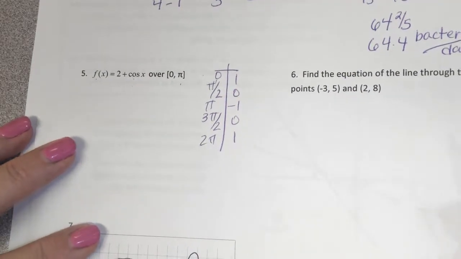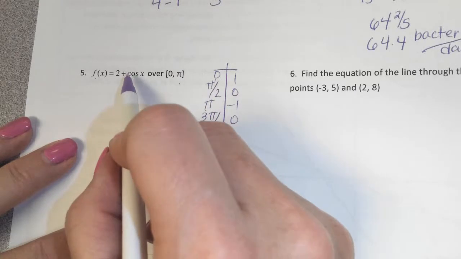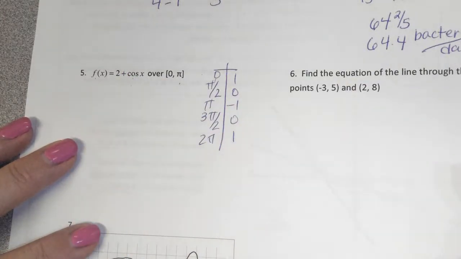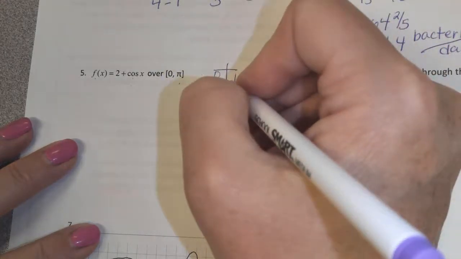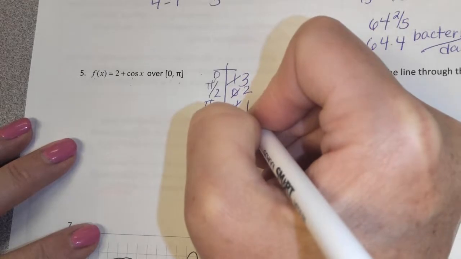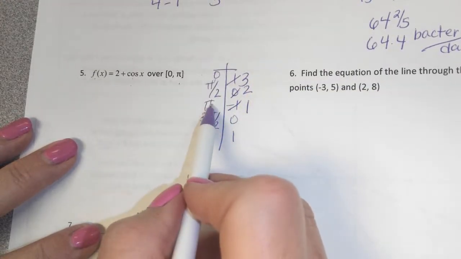Those are our normal 5 key points between 0 and 2 pi. What if I have plus 2 though? What's that going to do to the values? Shift them up 2. So now this is 3, this is 2, this is going to be 1. I'm not going to finish because I'm only looking between 0 and pi.